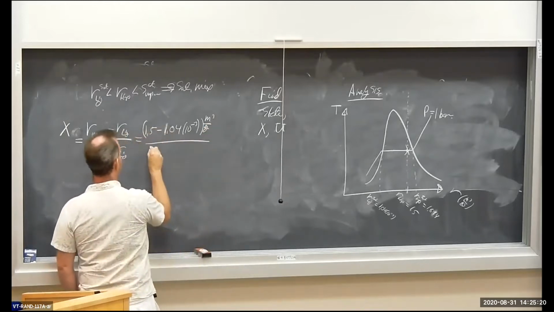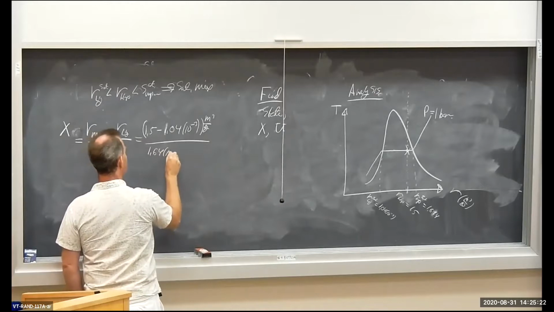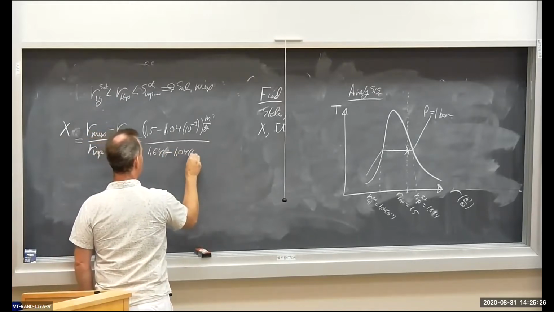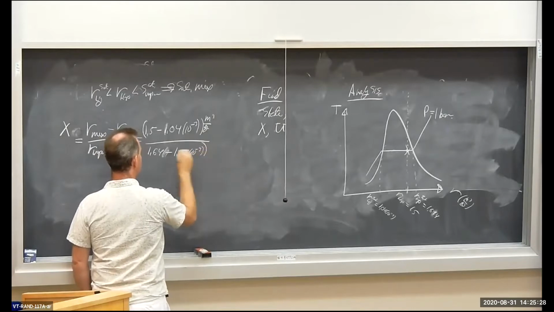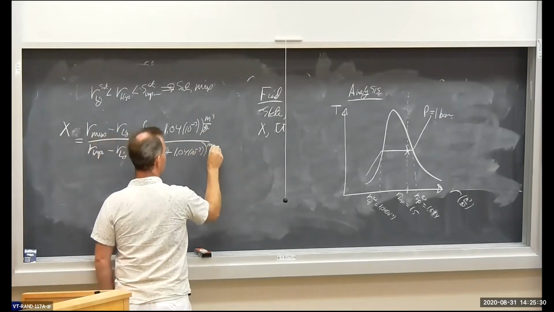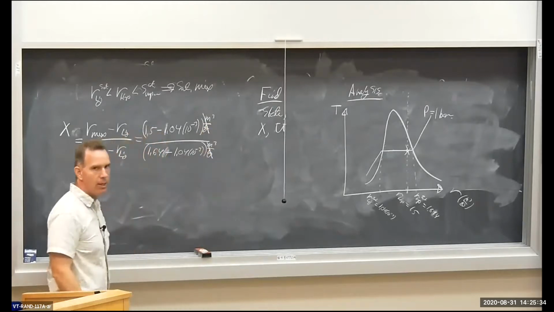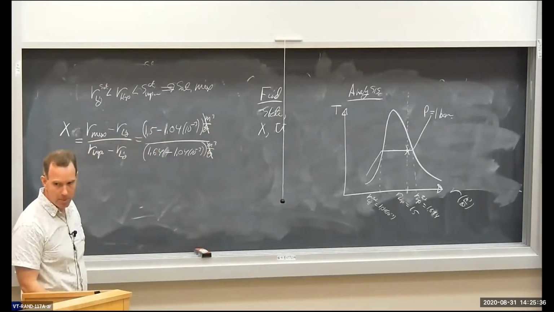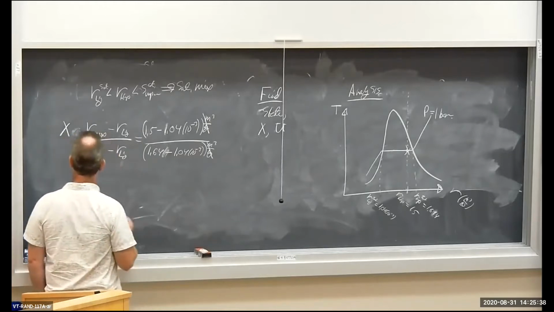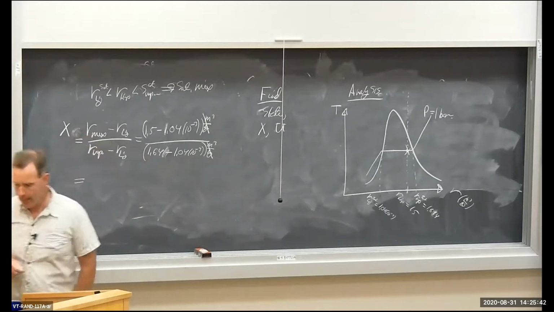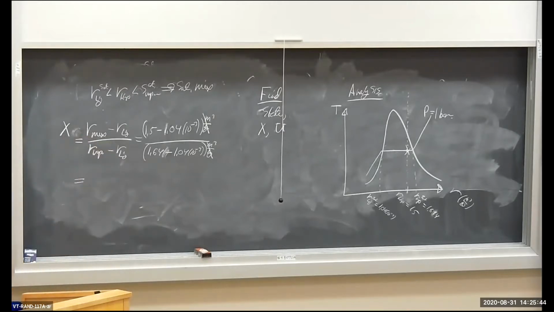And then I have 1.694 minus 1.04 times 10 to the minus 3, and that all has units of cubic meters per kilogram. The units cancel out. X is dimensionless. Quality is dimensionless.